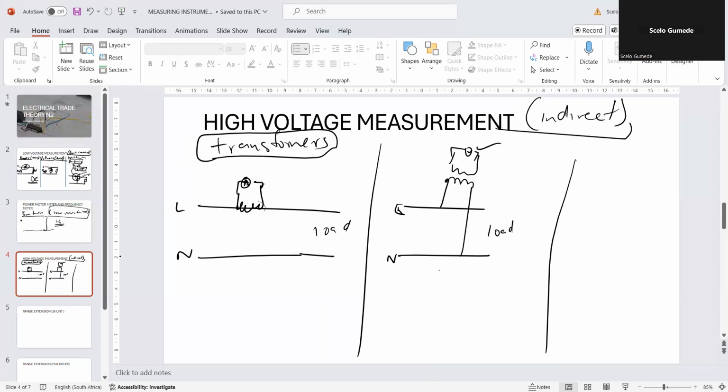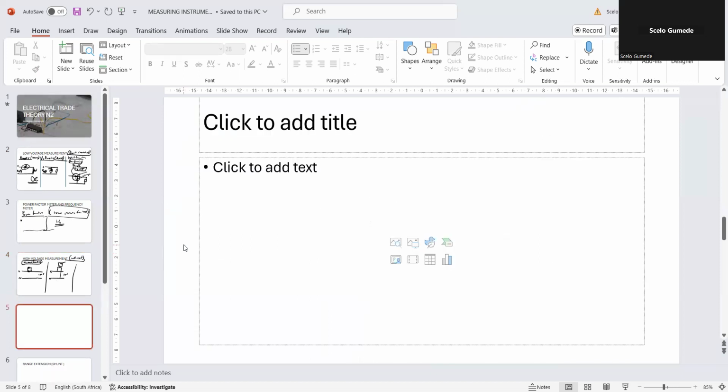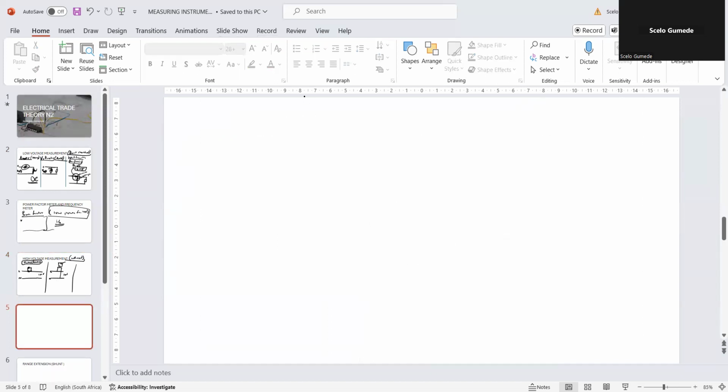Now, how do we connect our wattmeter indirectly? Let me just make another space here. Now, our wattmeter, remember, must have both terminals. So it's going to have a terminal like that and a terminal like that. Now, this terminal here is for current. That one there is for voltage.